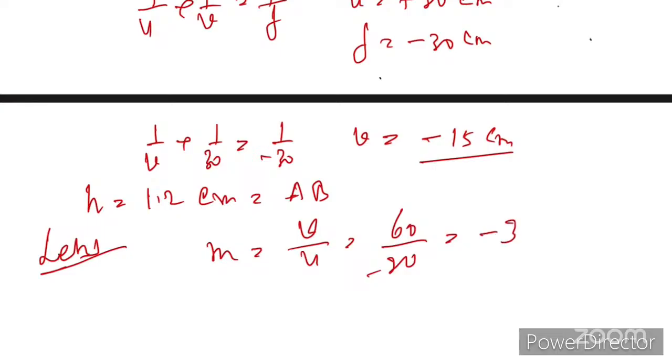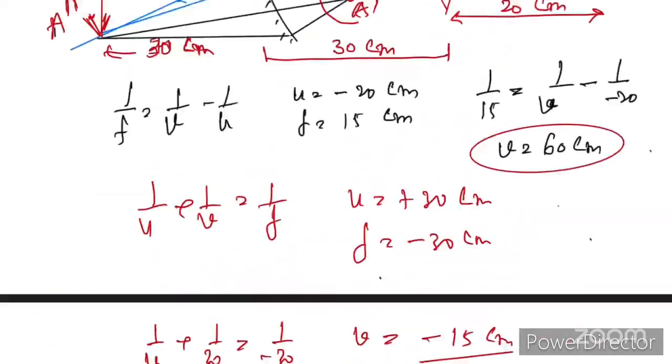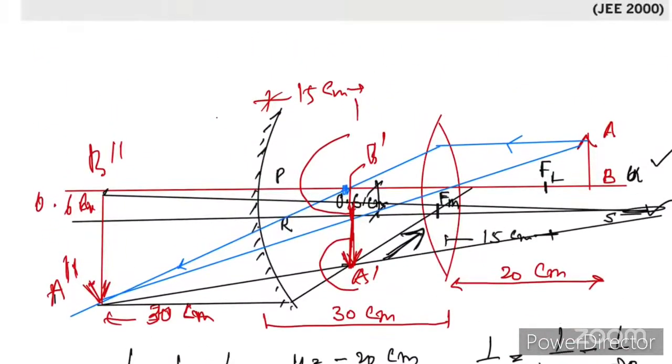So our length of A dash B dash, basically the image found by the lens, is 1.2 into minus 3, that is minus 3.6. And here if we see, 0.6 is already the distance from the optic axis. So what is remaining is 3 centimeter, this length, correct.